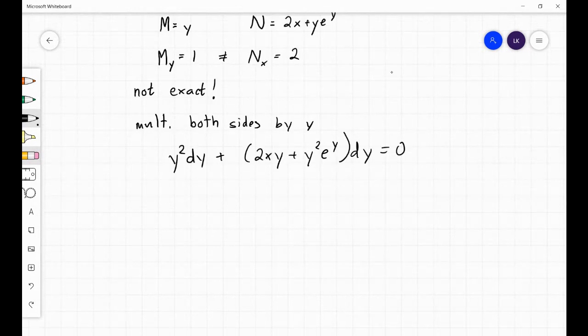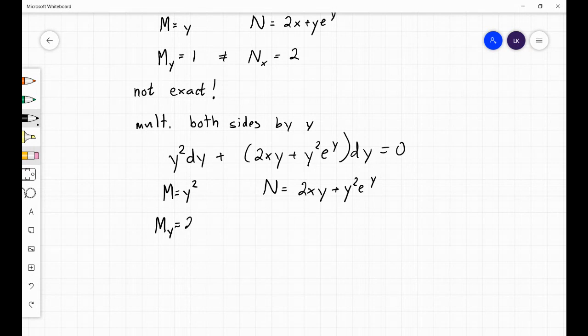So now we have a new M, so to speak, right? The new M is y squared, and the new N, after multiplying both sides by y, is here. And then I'm going to check for exactness again.